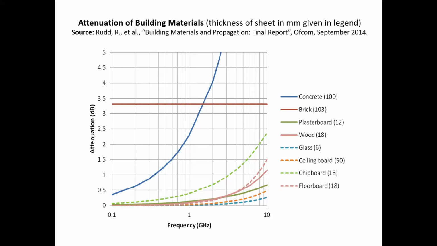Heavy materials means they have high molecular density, and higher molecular densities offer more penetration losses. However, in the case of brick, the loss is pretty much constant over this whole frequency range. But see how it is changing in the case of concrete. It's sharply increasing with the frequencies.